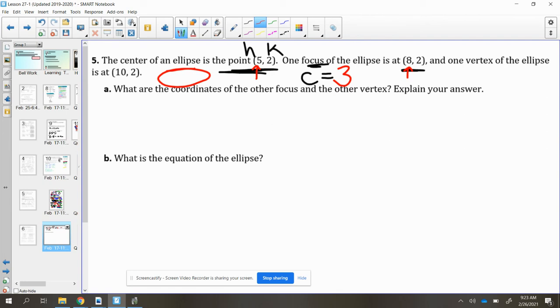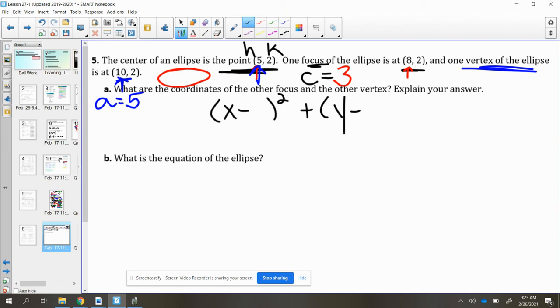They also told us one vertex is at 10, 2. Going from the center to that vertex is our a parameter, and we had to move 5 units on that one. So we know a and we know c here. When we plug this in, x minus h quantity squared plus y minus k quantity squared equals 1, our a parameter is going to come under x this time, because that's our major axis, since that's what we were changing for those a and c values.